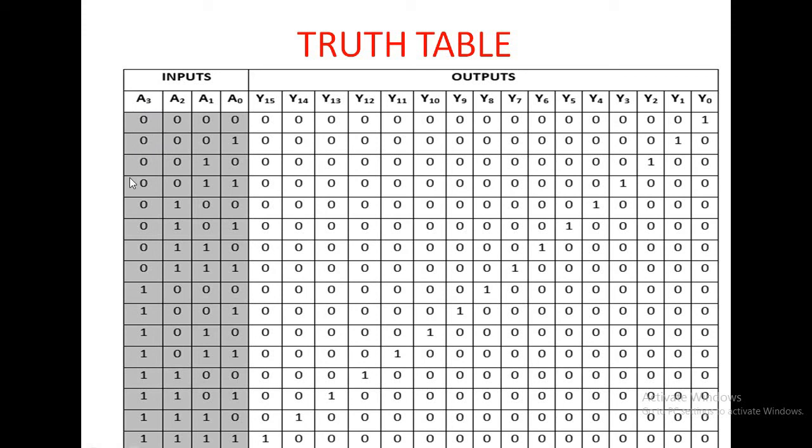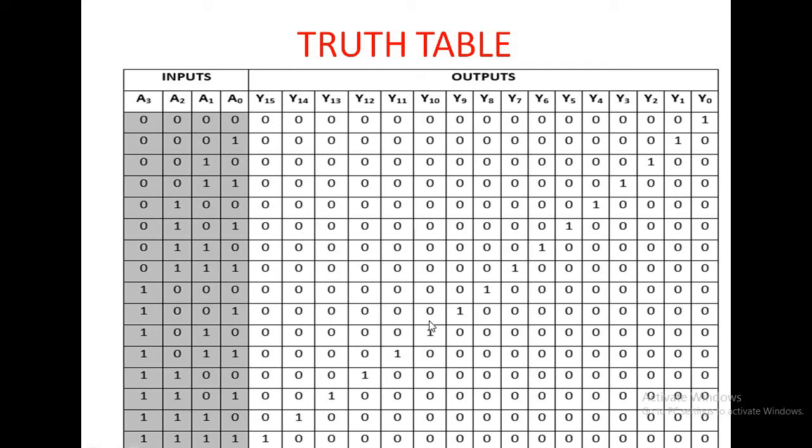Whenever A3 is 0 and the other values are different, 0 0 0, 0 0 1, 0 1 0, 0 1 1, 1 0 0, 1 0 1, 1 1 0 and 1 1 1. This is the first combination. Then when the A3 value is 1, this is the other combination, 0 0 0, 0 0 1, 0 1 0, 0 1 1, 1 0 0, 1 0 1, 1 1 0 and 1 1 1.